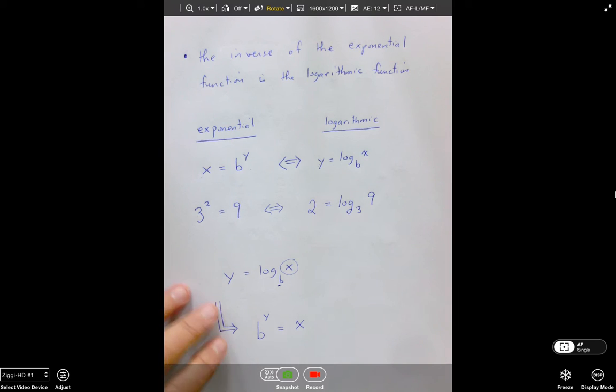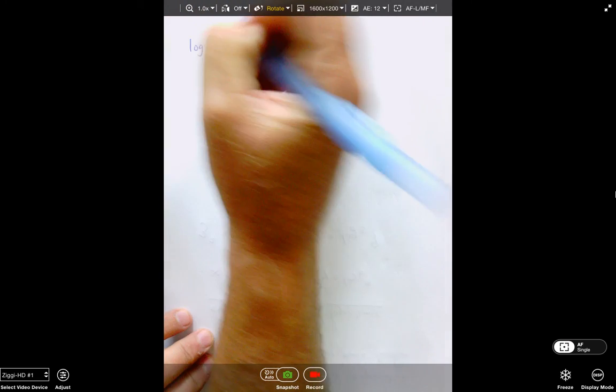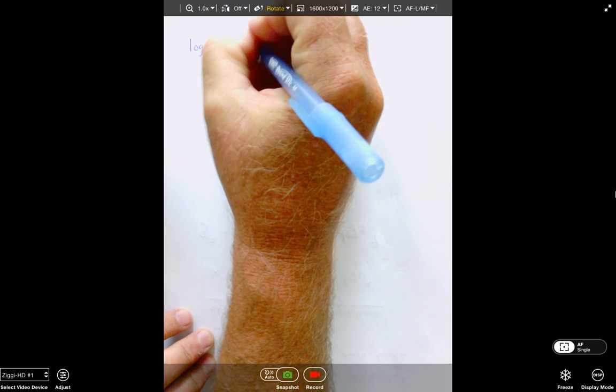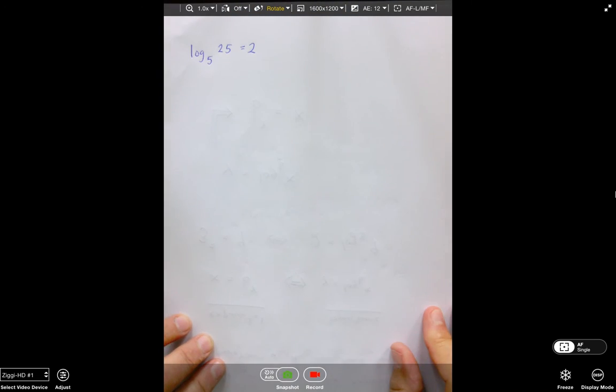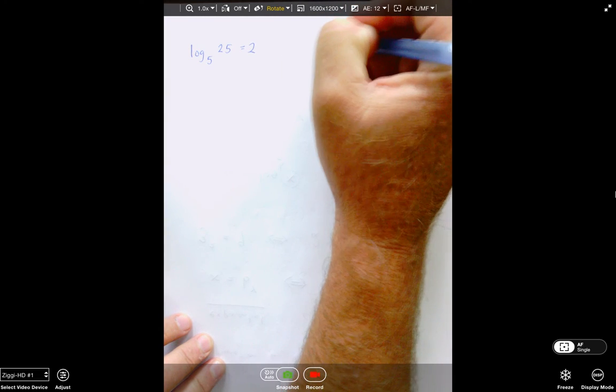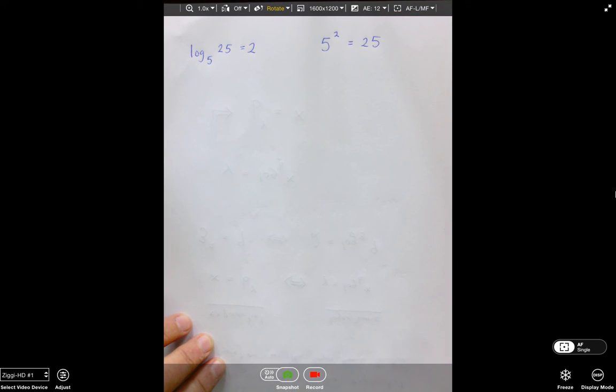Now, first of all, let's just run through some converting exponential to logarithmic. Now, I know that log base 5 of 25 is equal to 2. Why? Because 5 raised to the second power is equal to 25.